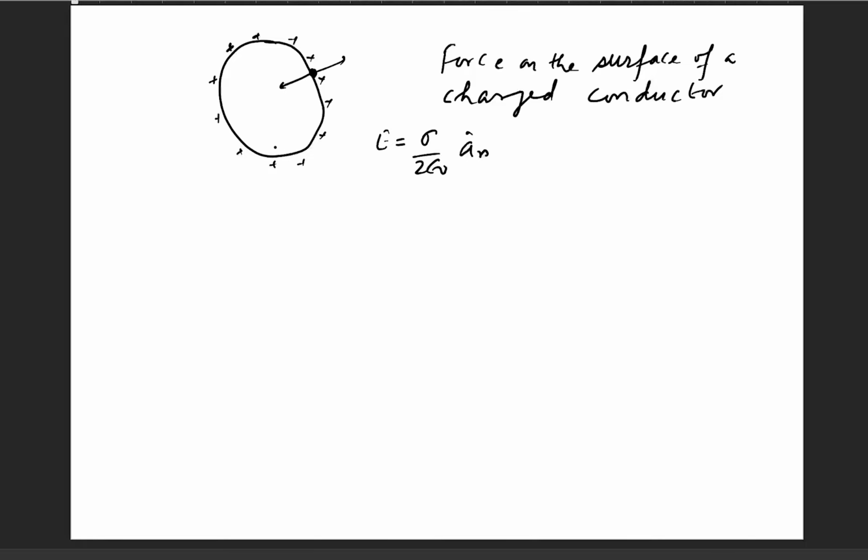So the force will be the charge in this area and the field. So what will be the charge? Charge is simply sigma into delta S. And what will be the field?